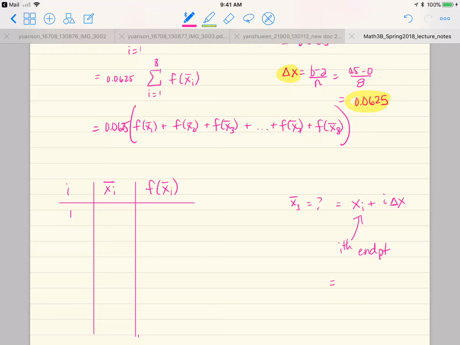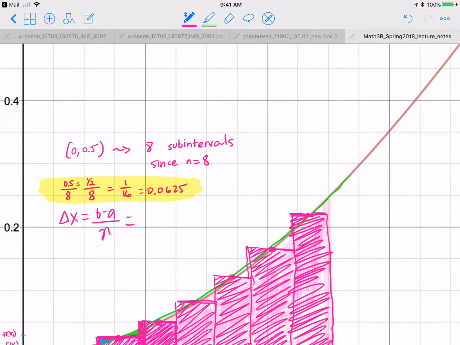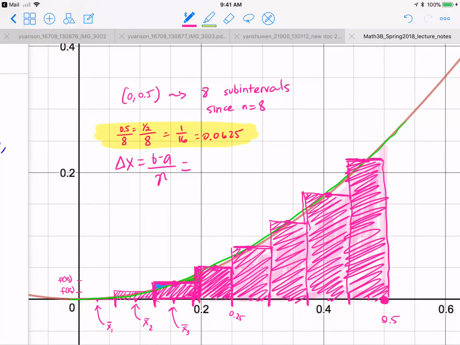So for us to get the first endpoint, here's x1, here's x2, x0 is here, x3. The midpoints have the bars, and the endpoints don't have the bars.